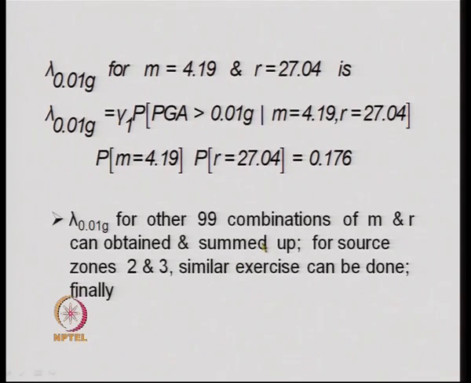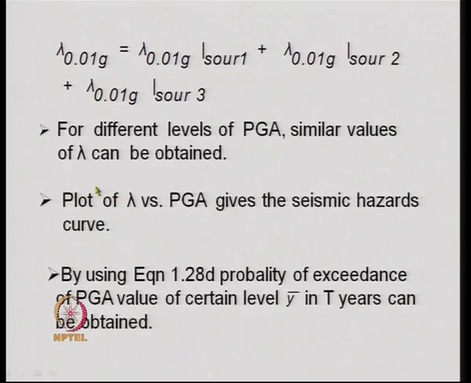For source zones 2 and 3, similar calculations can be carried out. Finally, the values we get for source 1, source 2 and source 3 will be summed together, and we will get the value of the rate of exceedance of PGA 0.01 g, lambda 0.01 g.